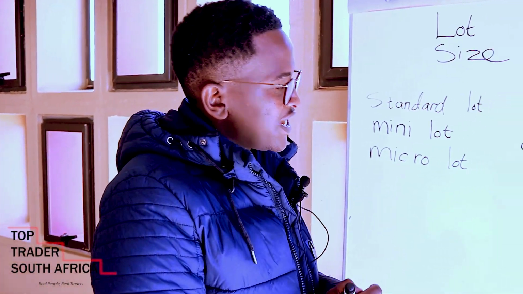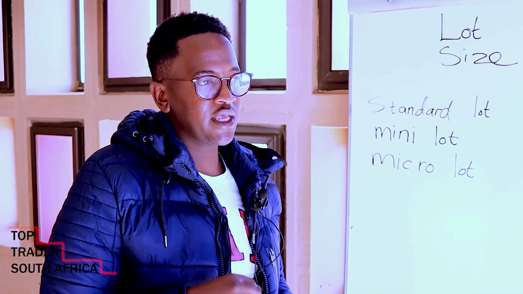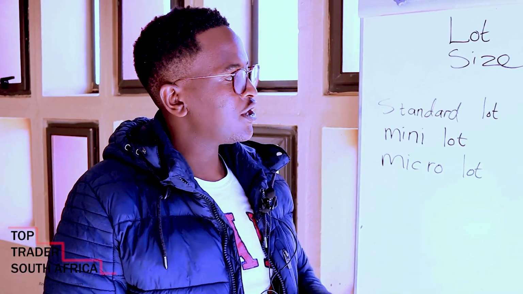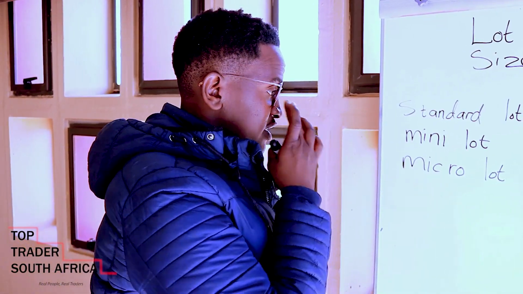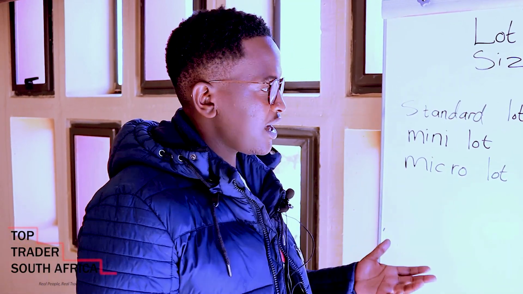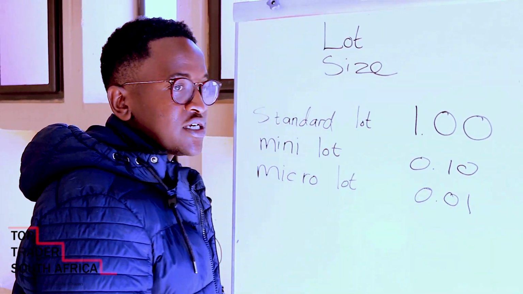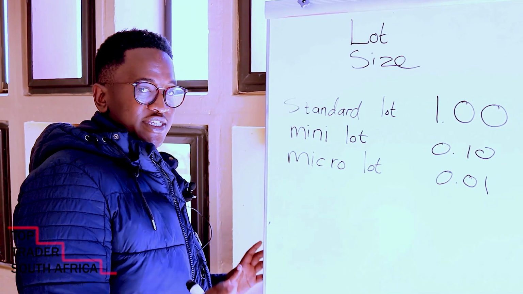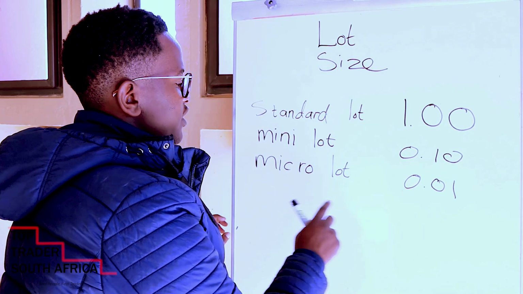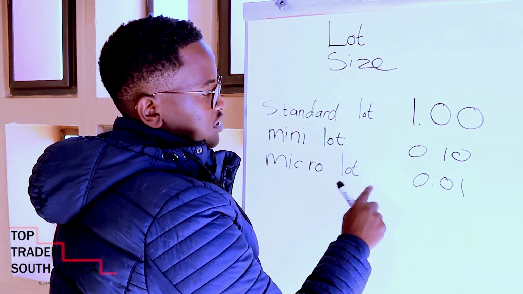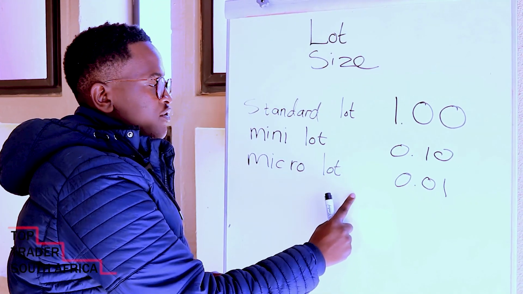The smallest lot size, and I understand with things like synthetic indices you can choose a smaller lot size, but the smallest lot size you'll be able to choose when trading currencies is 0.01. Whether you're on a micro or a standard account, which we'll discuss later, the smallest lot size you can open is 0.01, being a micro lot.